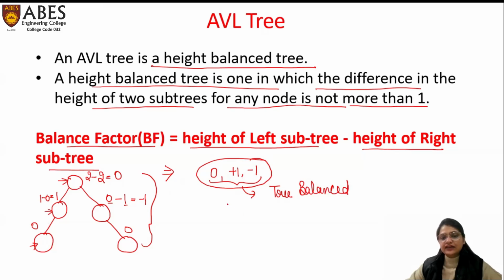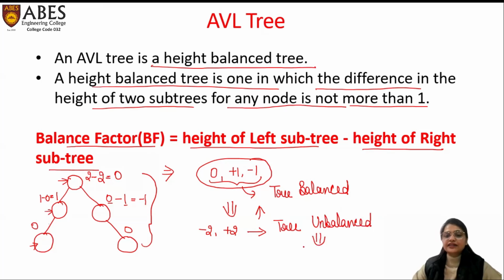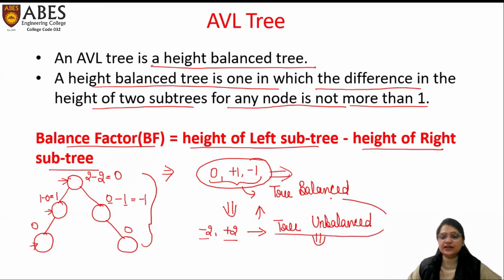Other than these values, if we get minus 2, plus 2, or any other value, then our tree is unbalanced. An unbalanced tree is one in which some node has a balance factor other than these 3 values.